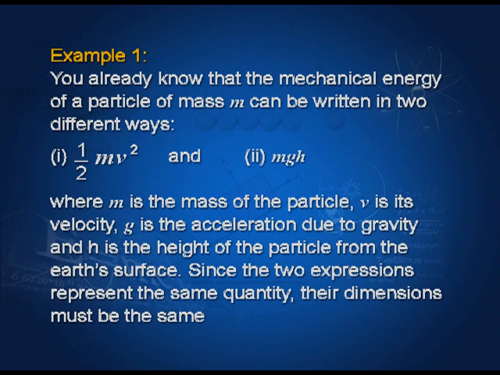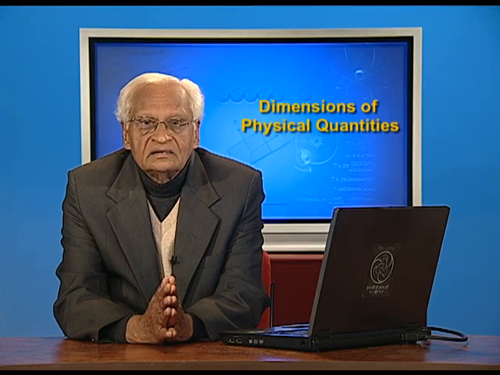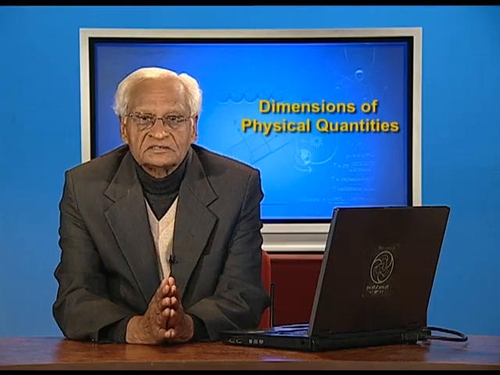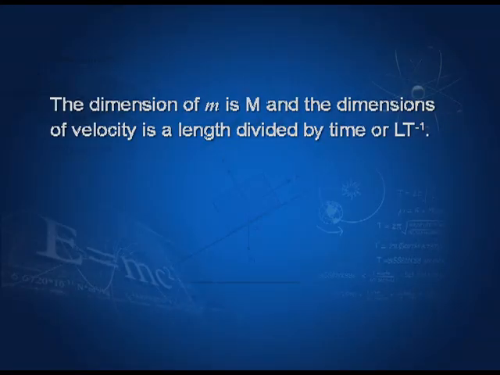Since the two expressions represent the same quantity, namely energy, their dimensions must be the same. We prove this by actually writing the dimensions of the two expressions. The dimension of m is capital M and the dimension of velocity is length divided by time, or L T to the power minus 1.